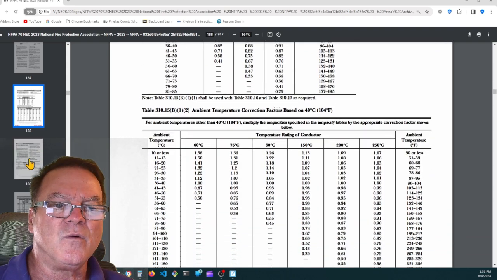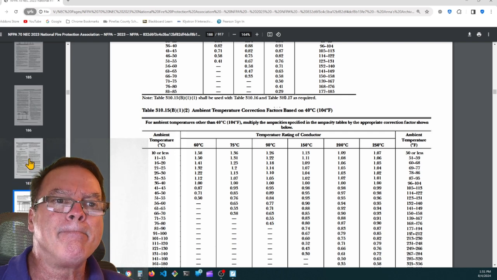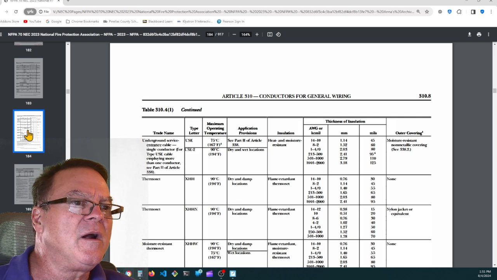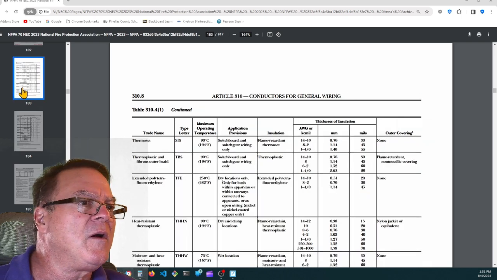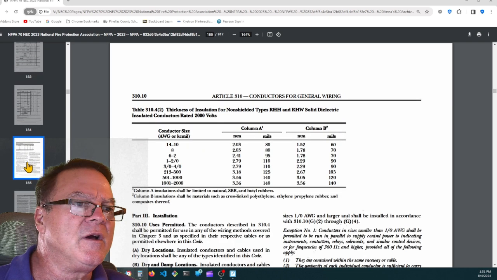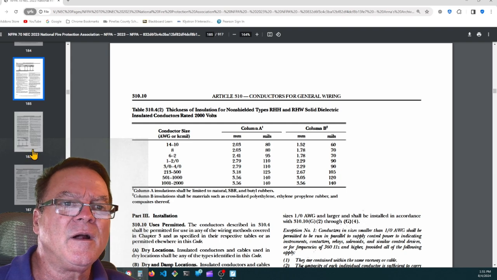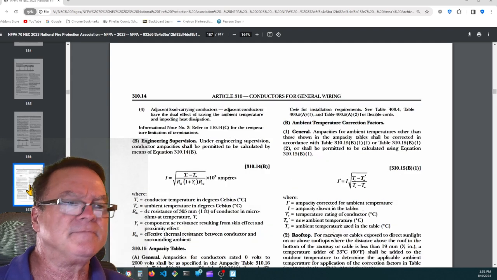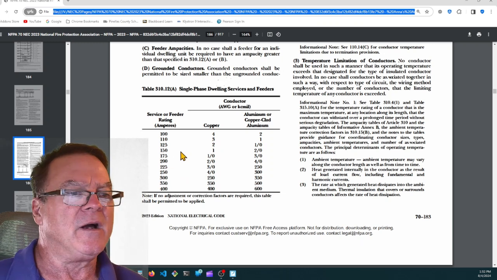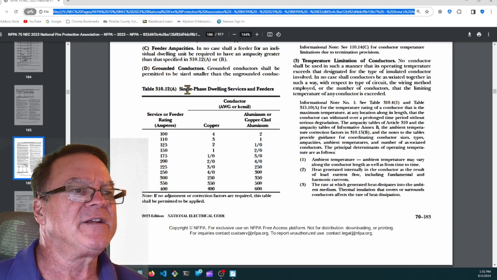What am I looking for? No, it's 310.4. I want that. Where's 310.15? Okay, here it is. Table 310.12(A).